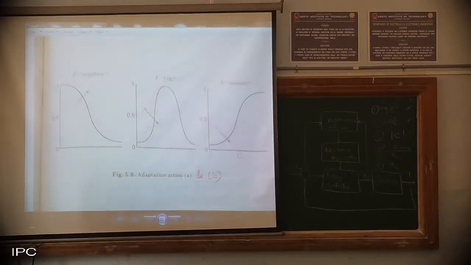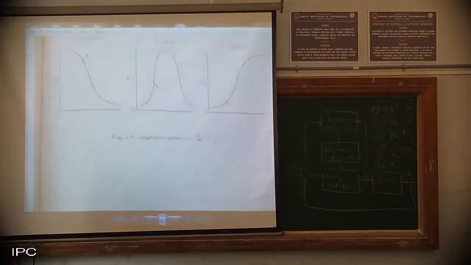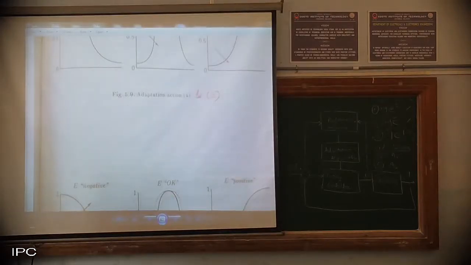Here also, and similarly here, they are changing it. Clear? So either by decreasing or increasing the value of a membership function, we can do this. This is nothing but adaptive action A and adaptive action B.